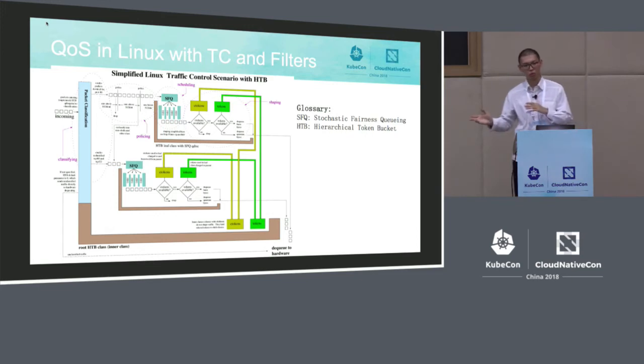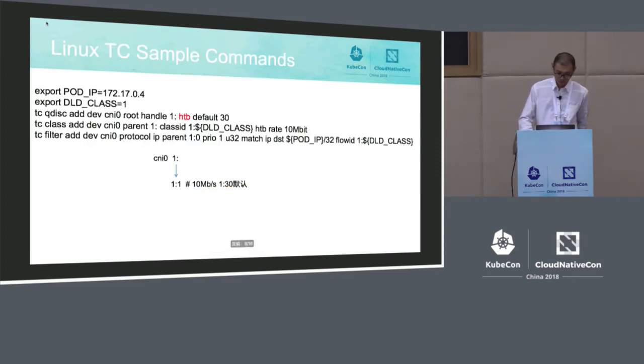When we have the ready token, then this will go out of the queue. After these four subsystems, the packets will leave the gateway. So TC is responsible for sending, not receiving. If you send this out, then this will go through these four subsystems.